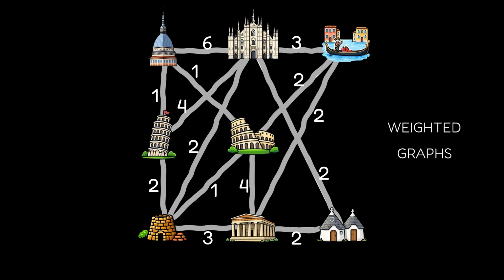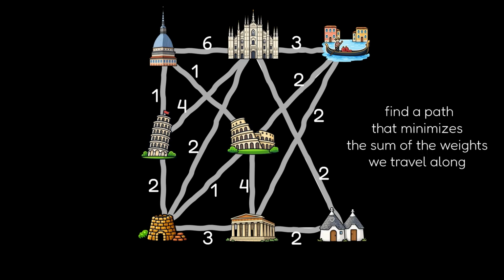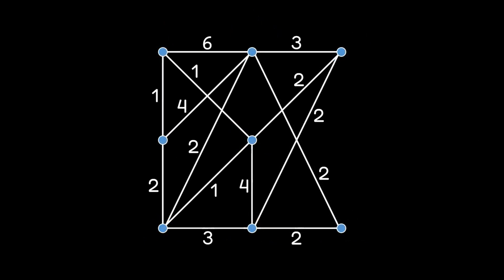Regardless of the interpretation, the goal is always the same: to find a path from a starting point to a destination that minimizes the sum of the weights of the edges we travel along. Are we looking for the shortest path, for the fastest, for the cheapest, or the solution of a puzzle with the smallest number of moves? As you will soon see, this algorithm is extremely flexible and also surprisingly easy to apply.